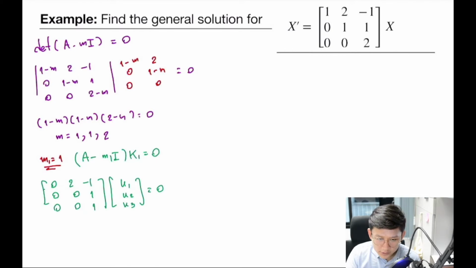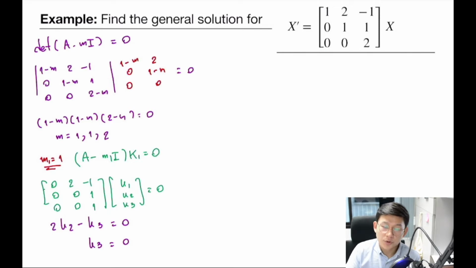In that case, I have that 2k2 minus k3 equals 0, and then k3 is 0. So we have these two equations, right?